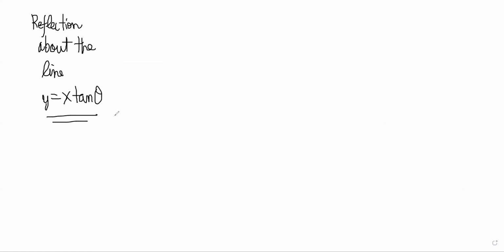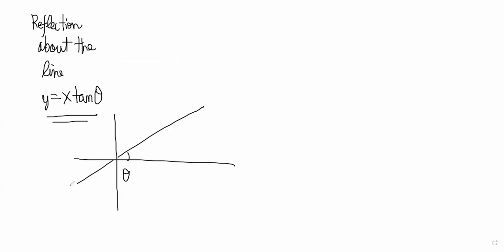And lastly, reflection about the line y is equal to x tan theta. This is a line making an angle theta with slope tan theta. You want to find the reflection. What matrix should you apply to get the reflection in this case?